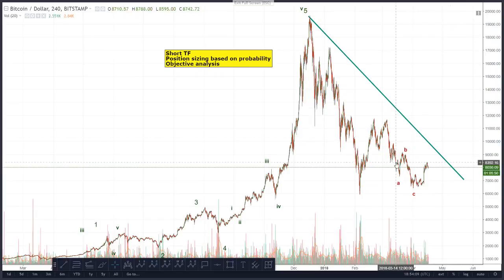The reason I mentioned going into altcoins now is that, first of all, we have to realize that the big trade that is developing is the bullish trade. Whether it's from $3,000 or whether it's from $6,000, it doesn't matter. The big trade that we're waiting to get in on is the trend upwards, not downwards.